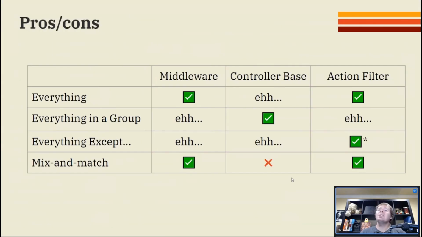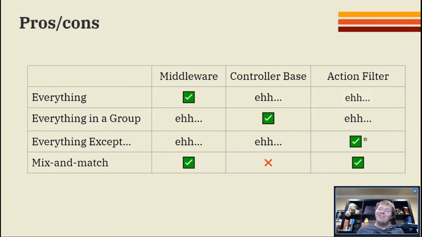Now, action filters are great if, well, actually I mislabeled this. This should have been an action filter, because like I said earlier, action filters cover everything if it eventually lands in a controller. If it won't land in a controller due to maybe a middleware or something like that, you've got a custom library that's doing some GraphQL, which doesn't use controllers, whatever, action filters are probably not going to be the thing that you want.